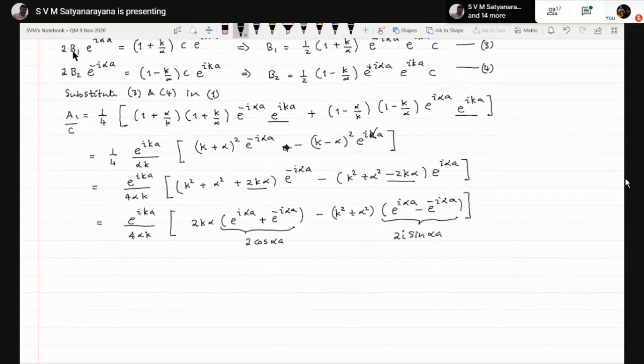So then I have e to the i k a divided by 4 alpha k into 4k alpha cos alpha a minus 2 k square plus alpha square into i sine alpha a.